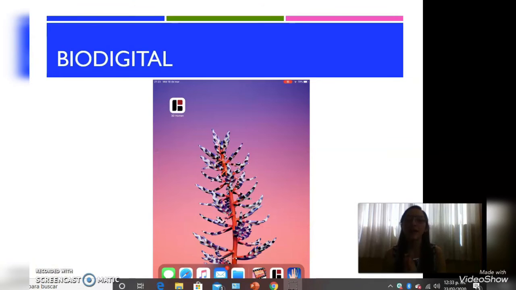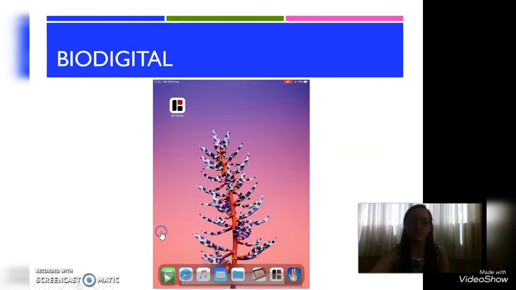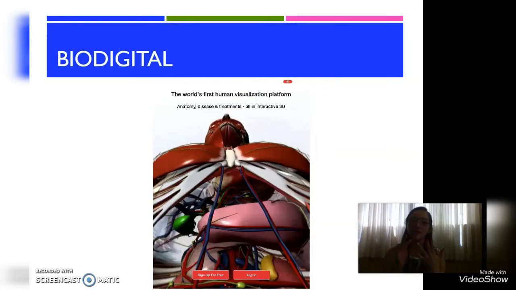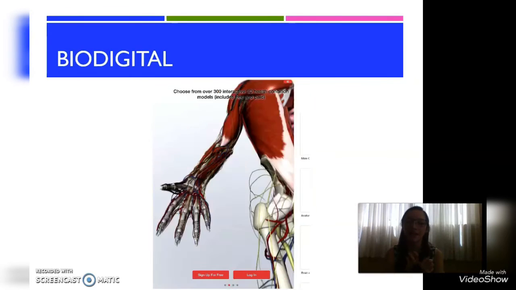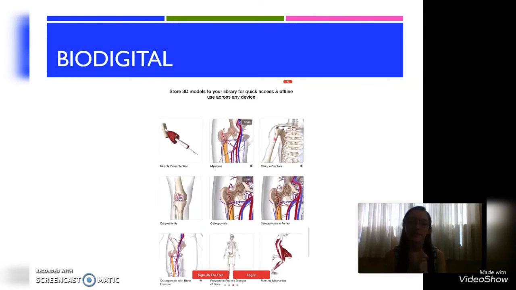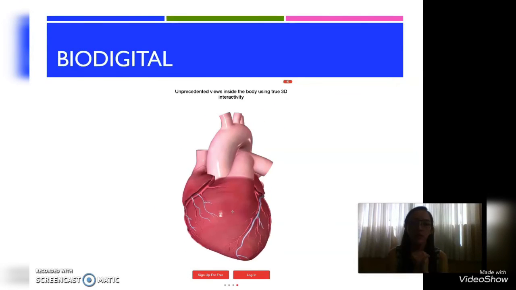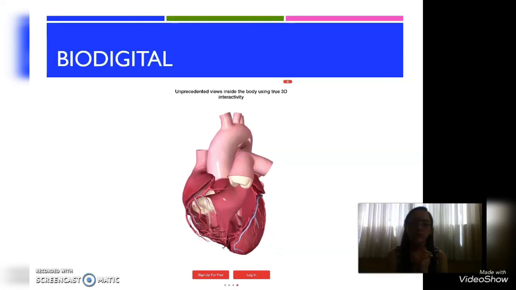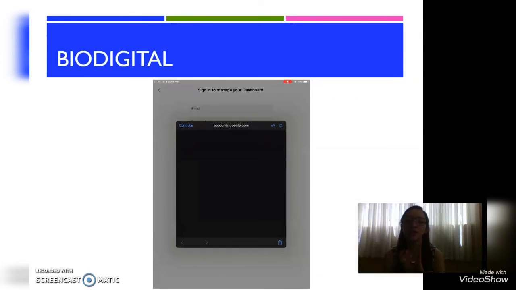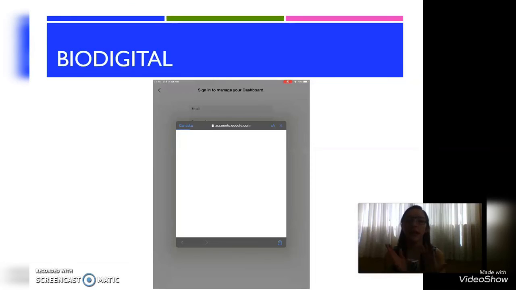Well, now I explain how to use it. Download the app on your tablet, cell phone, or any electronic device. Then it will ask you to create an account and you must enter your email and password.